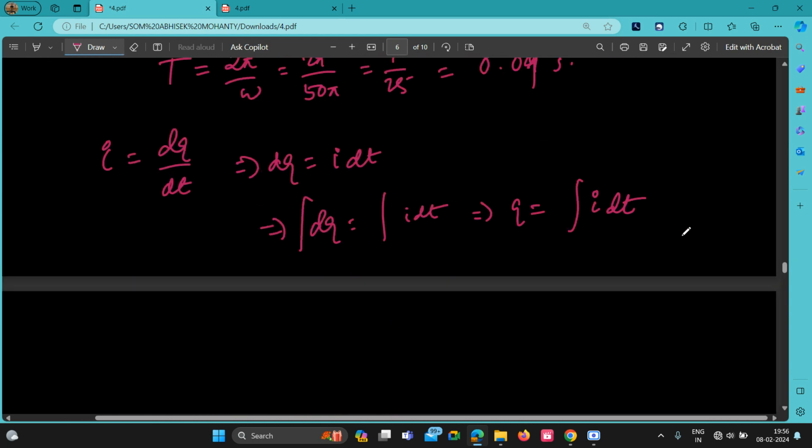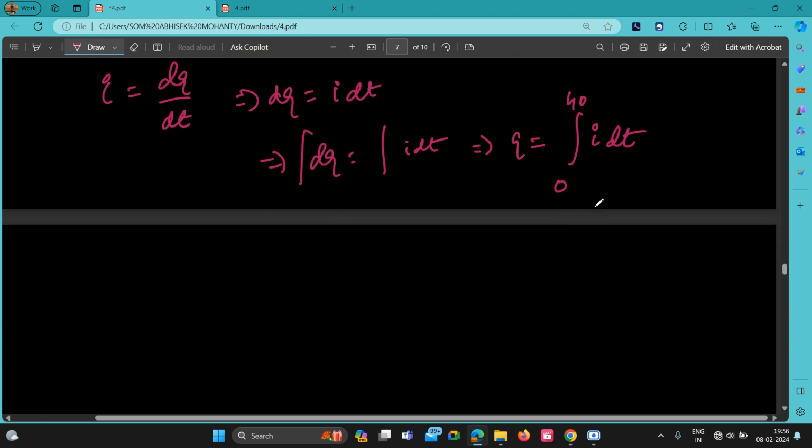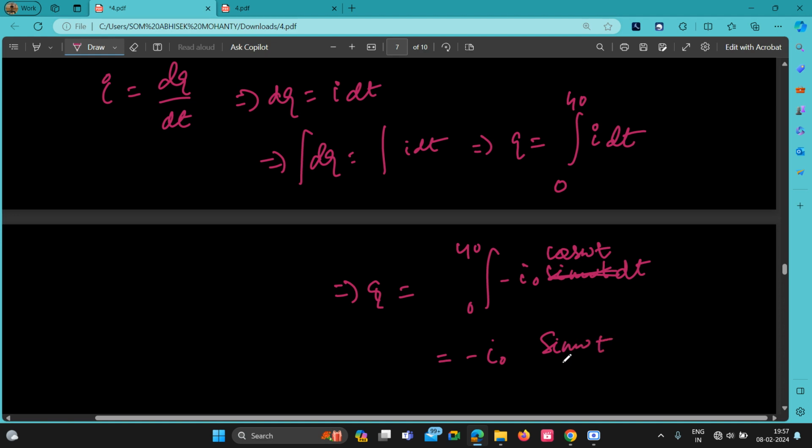T is equal to 0 to 40 millisecond. What is I? Minus I naught cos omega t dt. Sorry, my bad, minus cos. Minus I naught, integration of cos omega t is sin omega t by omega, from 0 to 40.